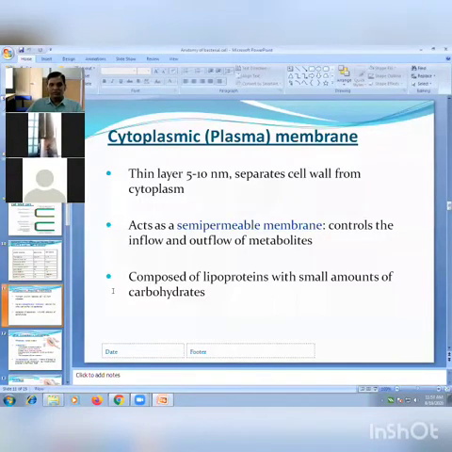Then the next is it acts as a site of energy generation. Next function: because all the important components of energy emitting proteins are present in the cell membrane, it acts as a site of energy generation.